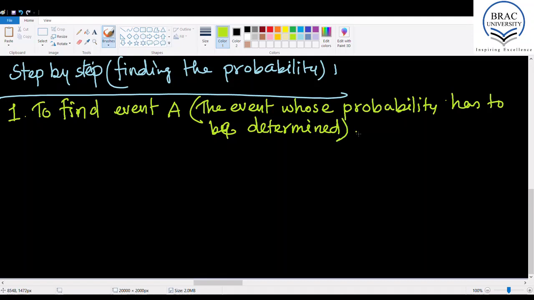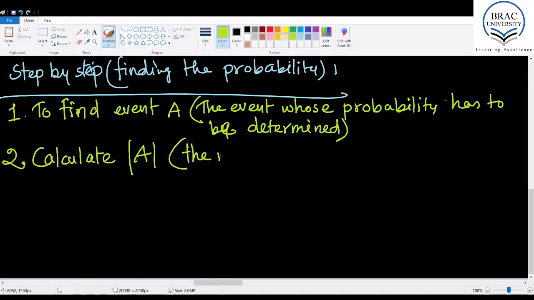So we actually have to determine the event with the favorable outcomes. Then step 2, calculate the cardinality of A. This means the size of A, or the number of outcomes as elements in set A, or event A. We know that an event is a set.